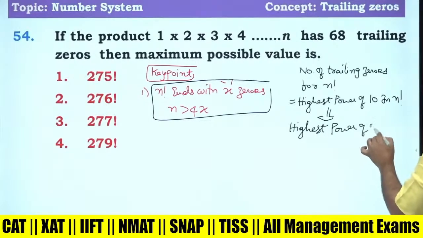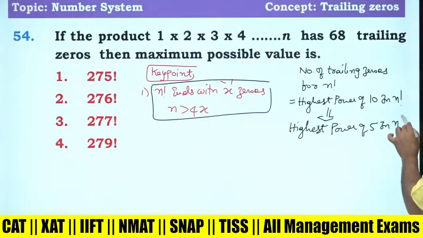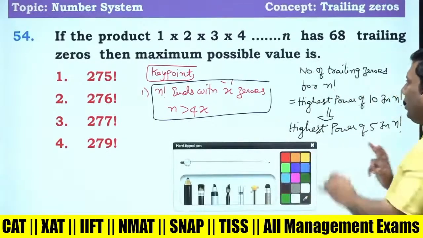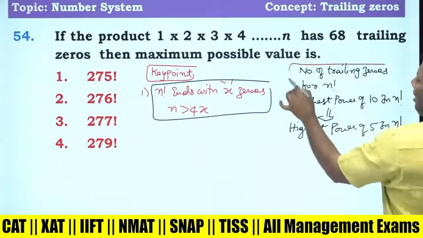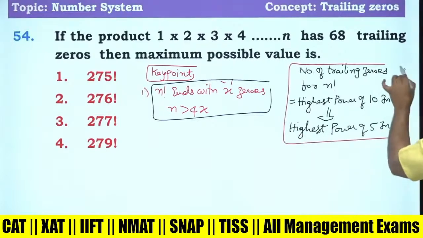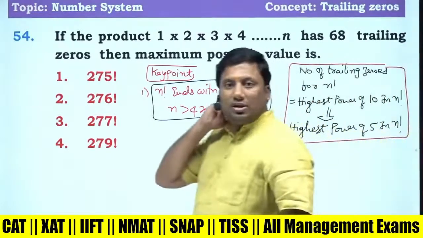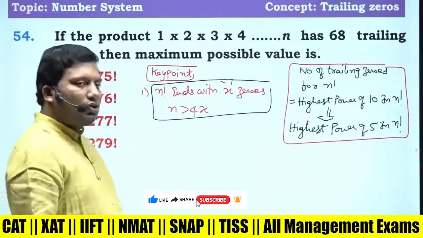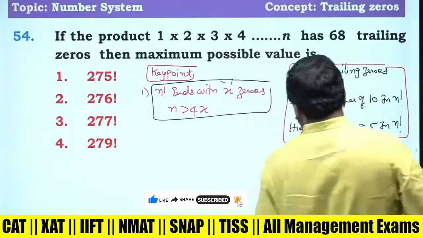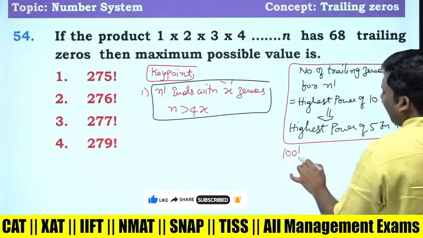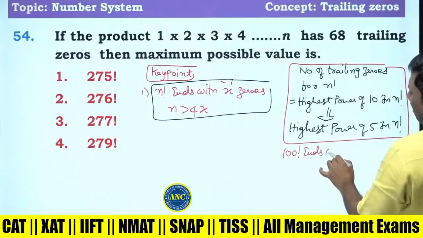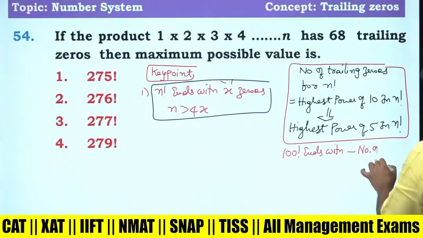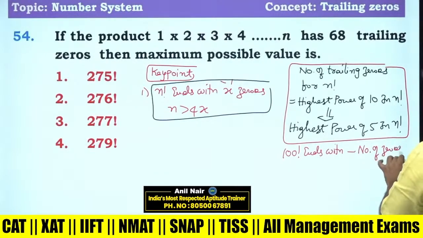In factorial, number of zeros at the end is given by the highest power of 5. Are you all with me? We have done so many problems. Suppose 100 factorial ends with dash number of zeros.